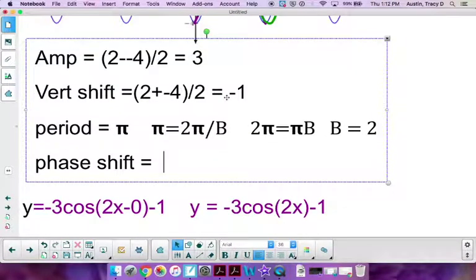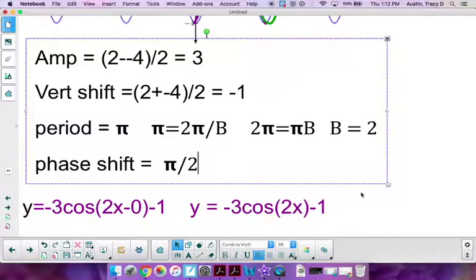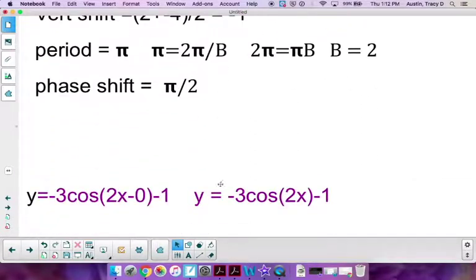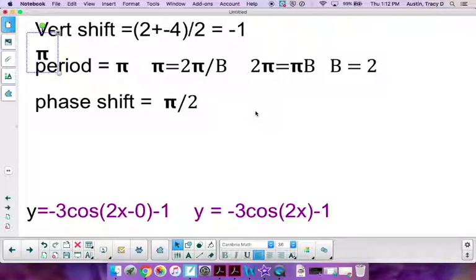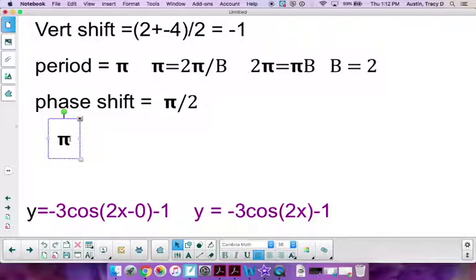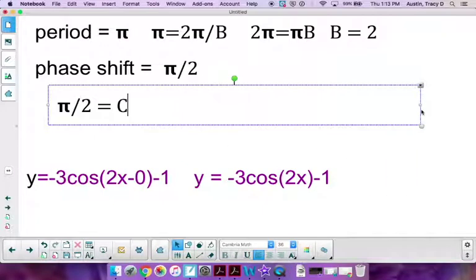So if our phase shift is pi divided by 2, we need to do some solving to solve for c. Phase shift, pi over 2 equals c divided by b. Well, b is 2, right? So we're going to cross multiply to solve for c, and that gets me 2 pi equals 2c.